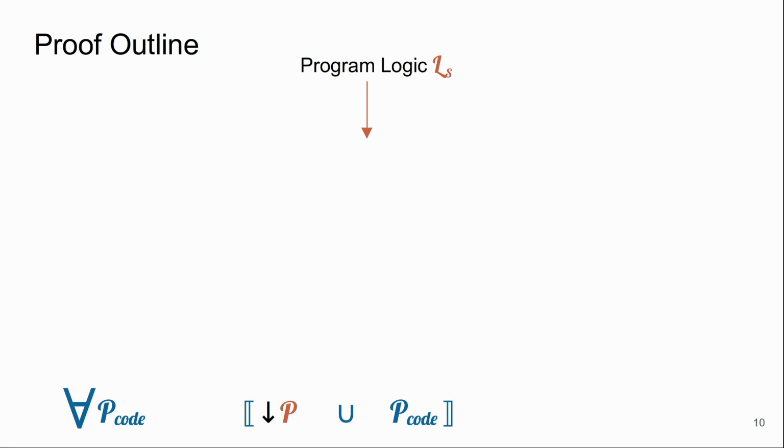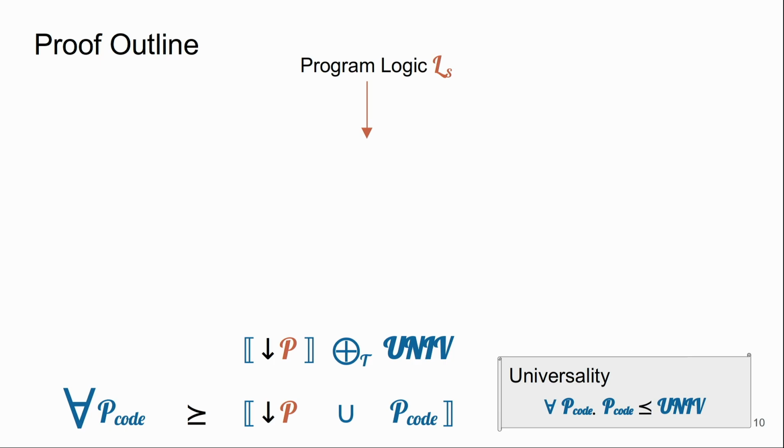Next, I want to give you a high-level proof outline. Remember that we want to build a program logic that implies the safety of the compiled program, which is down arrow P here, when linked together with arbitrary low-level code. The first proof step is to prove that a universal contract is indeed universal, and that we can over-approximate arbitrary low-level code by this semantic description.